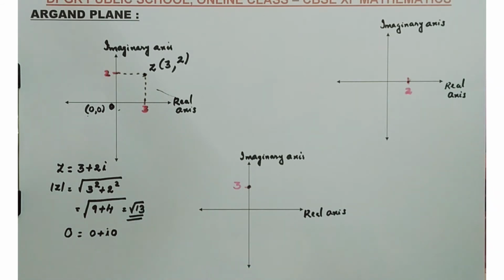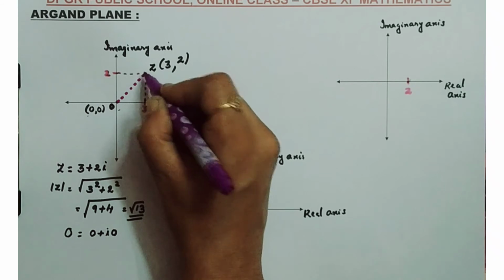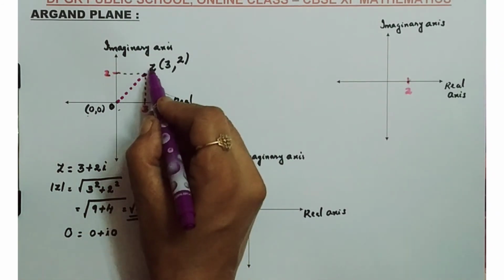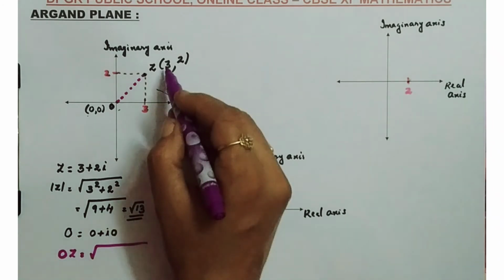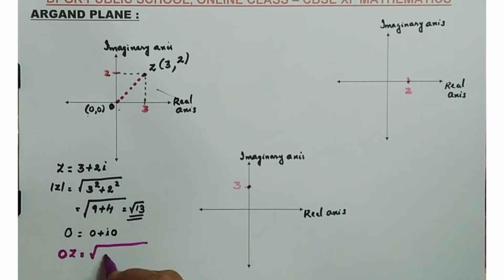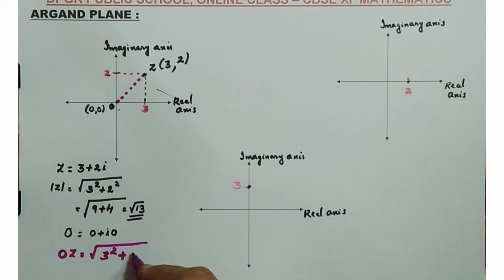If I join O to Z, this is the distance of the point from the origin, OZ. Last year you studied the distance formula: OZ equals root of (x2 minus x1) squared, that is 3 minus 0 squared, 3 squared, plus (y2 minus y1) squared, 2 minus 0 squared, 2 squared, which is also root 13.